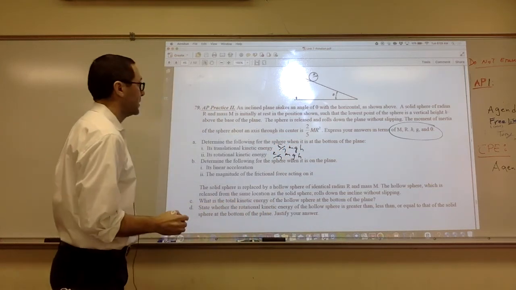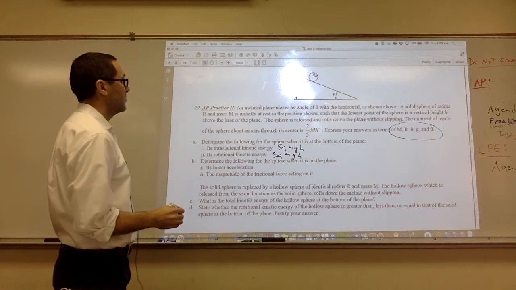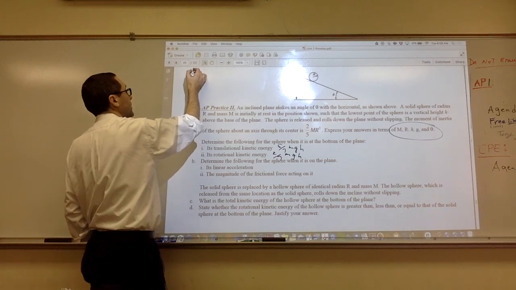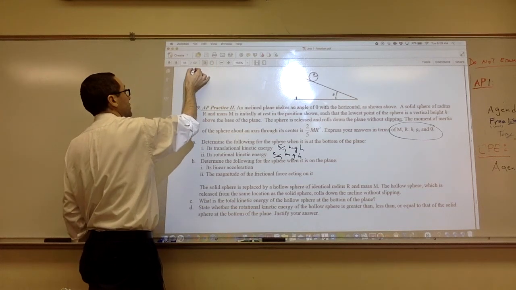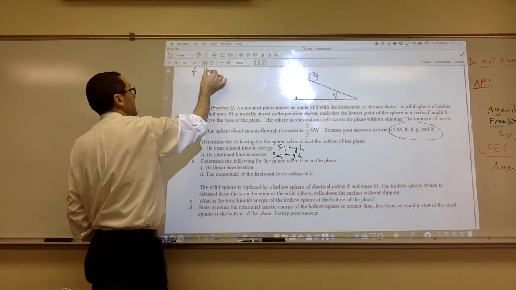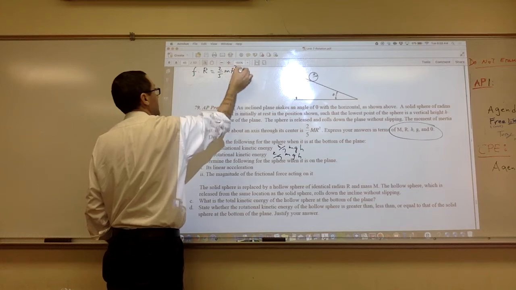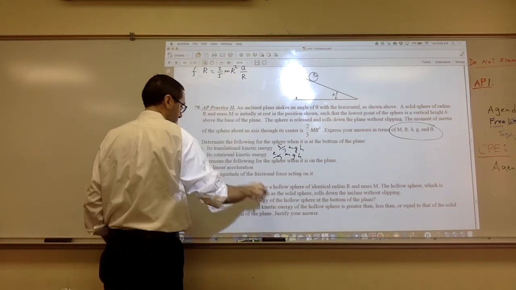To find the acceleration, I'm going to have to do dynamics. So the net torque equals I alpha. The net torque is just the force of friction times the radius of that sphere equals I for a sphere times alpha, which is a over R.